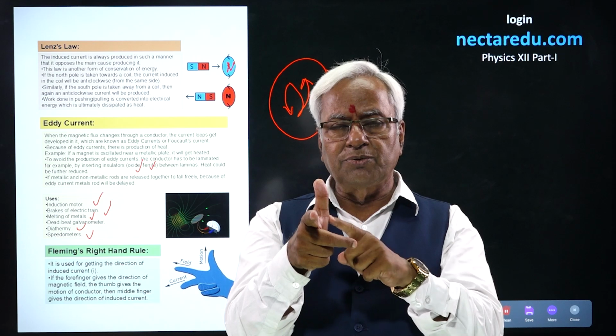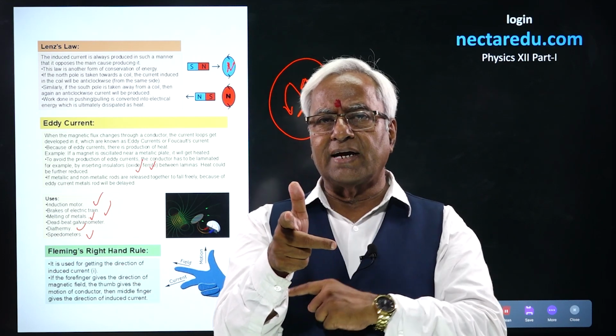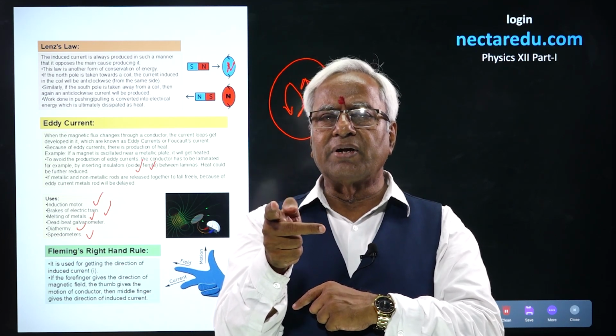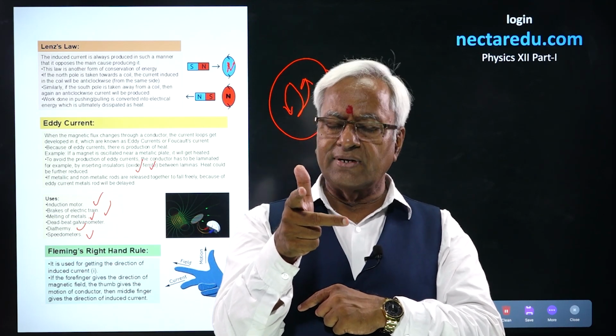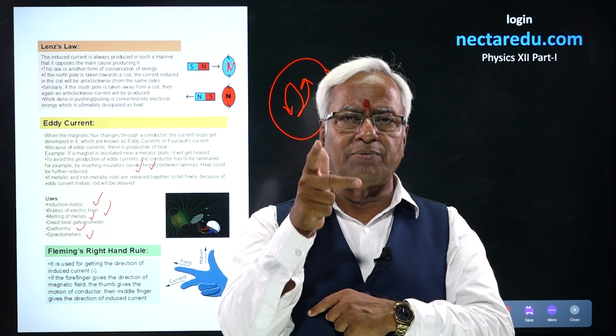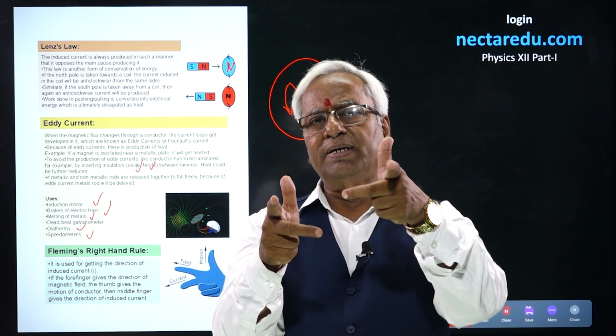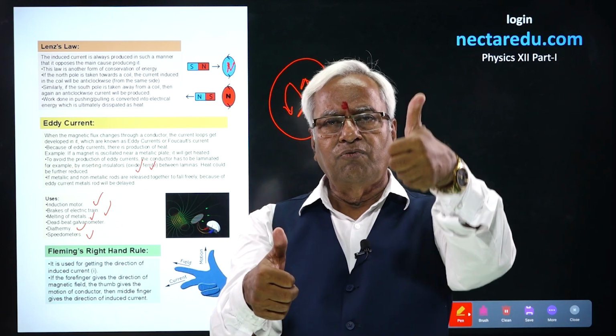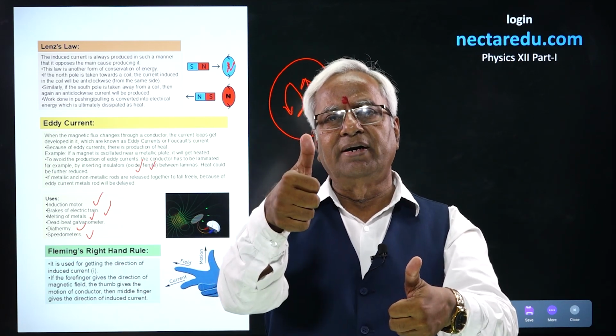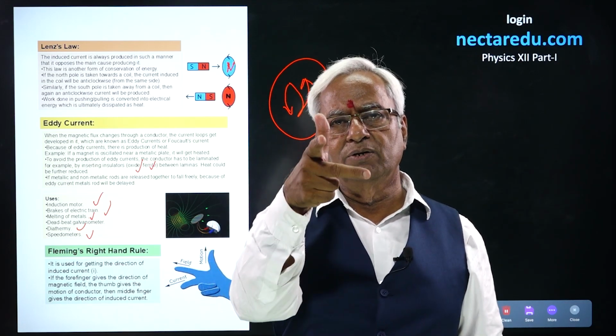This thumb is going to represent the motion of conductor. Then middle finger will represent the direction of current induced. Listen again, this is Fleming's right-hand rule, whereas this is Fleming's left-hand rule. Magnetic field, current, force, motion of conductor. Fleming's right-hand rule.